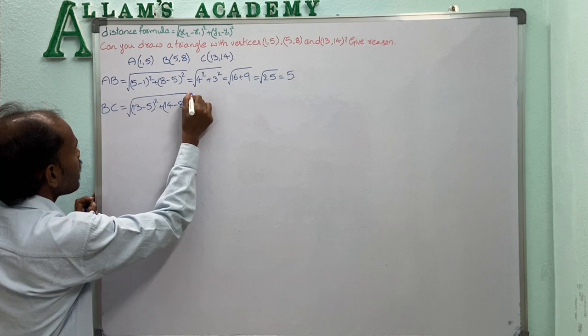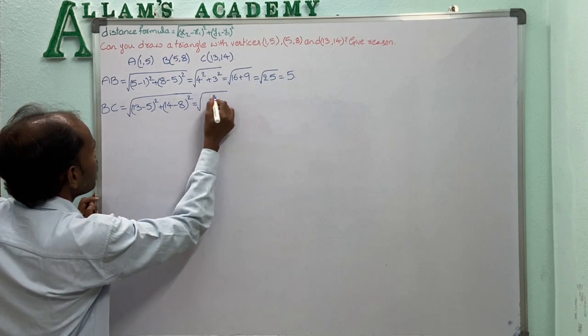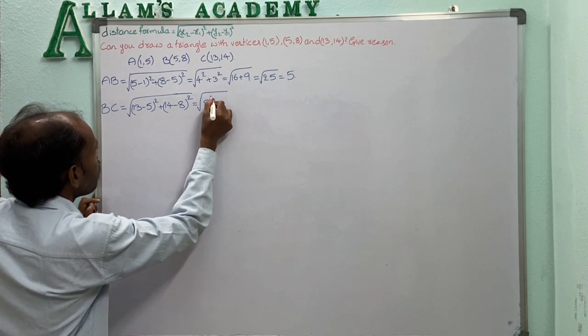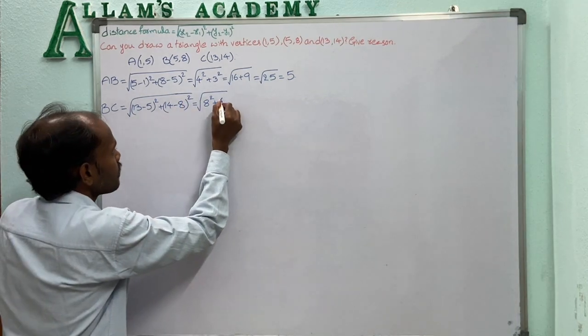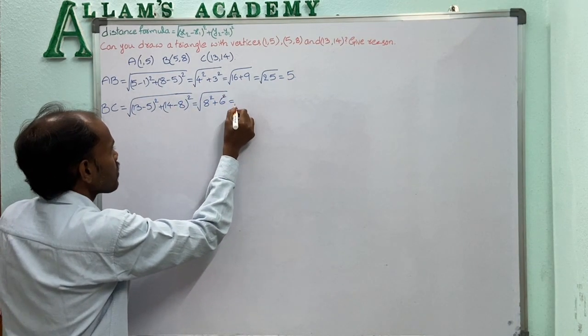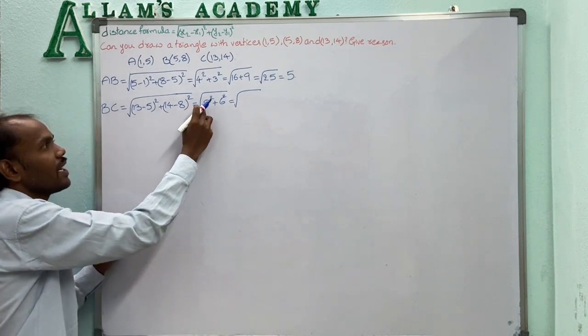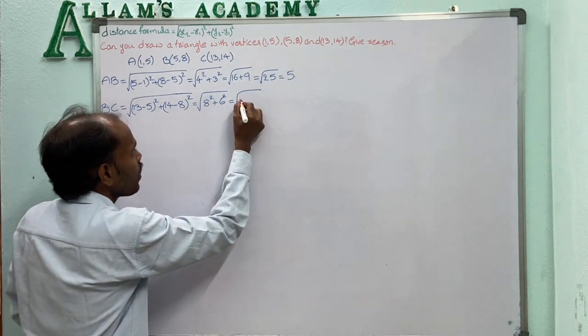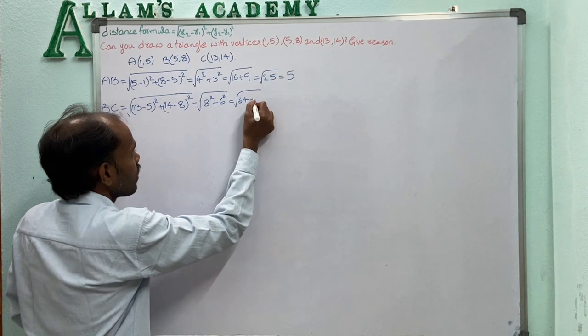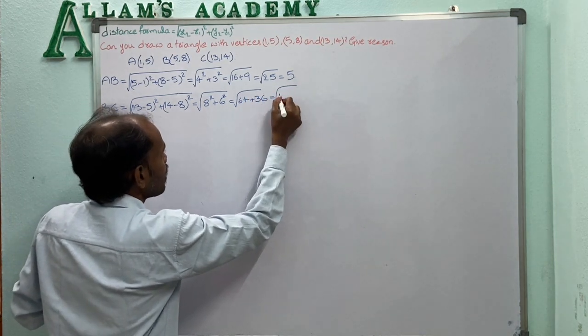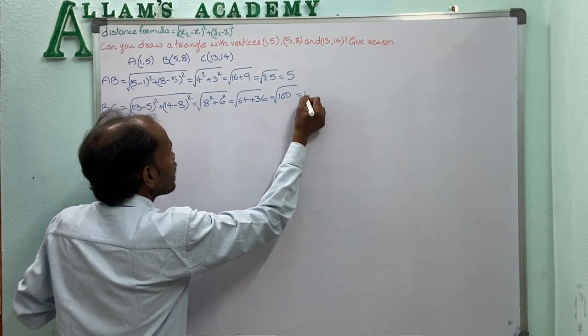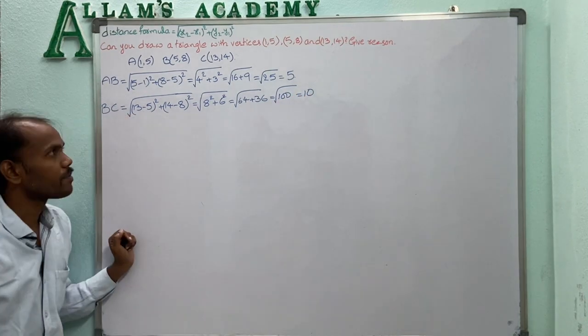So 13 minus 5, that is 8, 14 minus 8, that is 6. So under root 8 square plus 6 square, 8 square equal to 64, 6 square equal to 36, under root 64 plus 36, that equal to root 100, root 100 is nothing but 10.